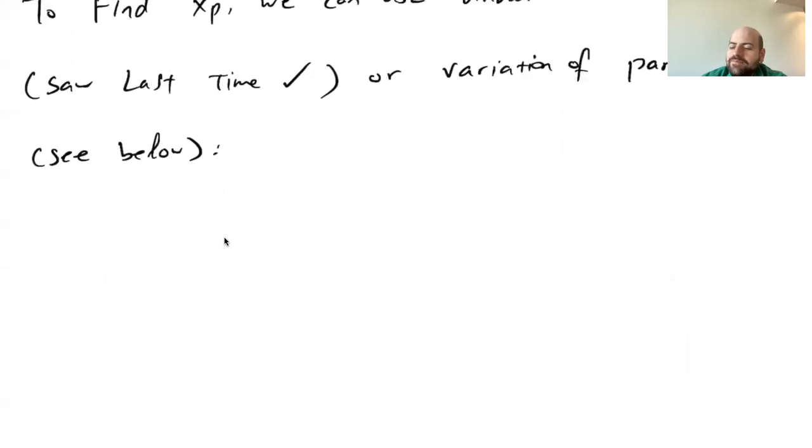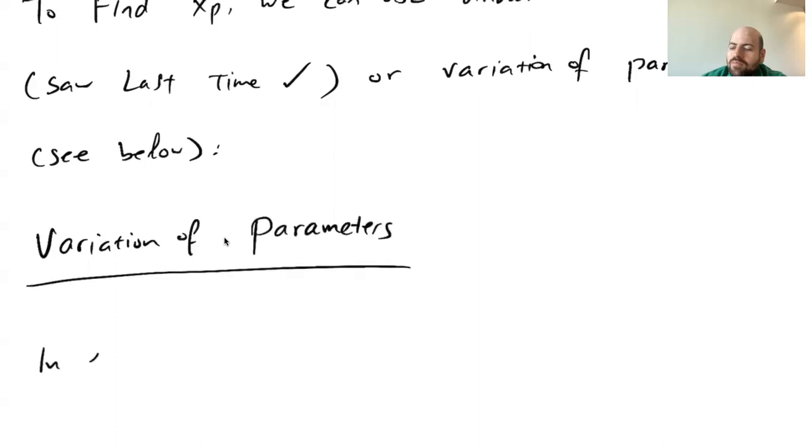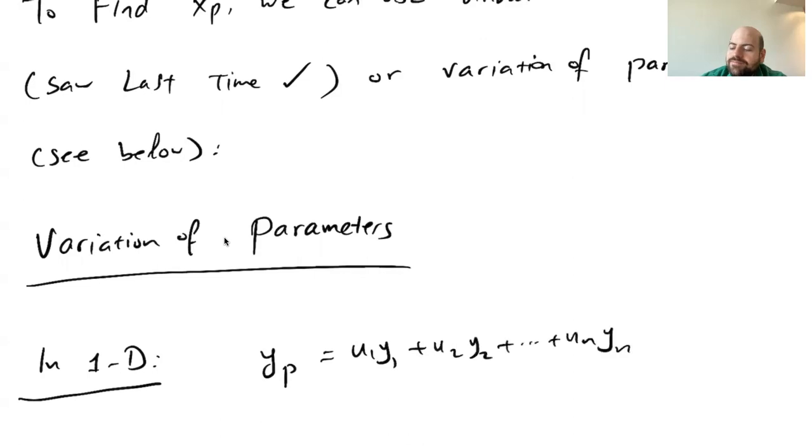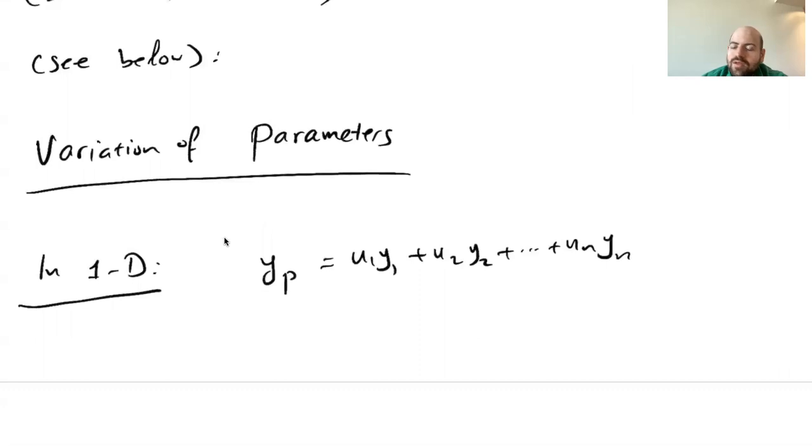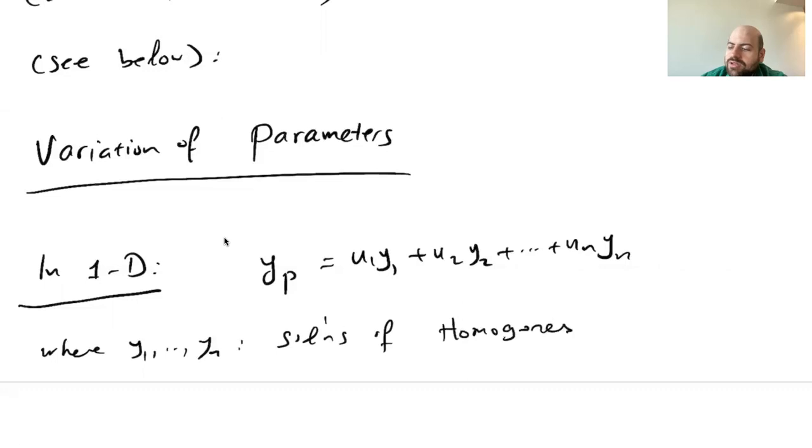So in 1D, we wrote a particular solution, let's say yp as u1 y1 plus u2 y2 all the way to un yn, where y1 to yn were the solutions of the homogeneous equation.